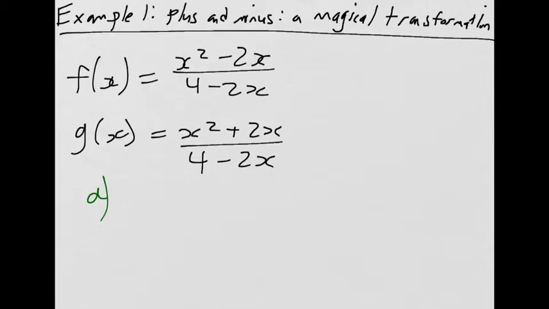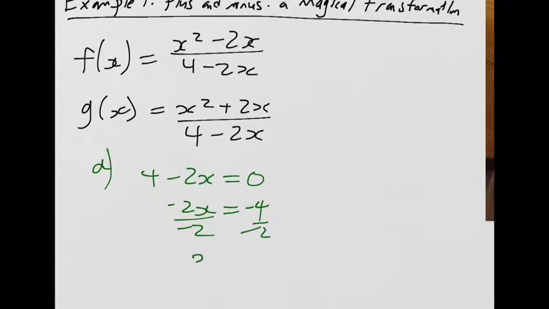It's positive 2. You take the denominator and make it equal to 0, and then solve for x. Divide both sides by negative 2 and it becomes positive. So there's our vertical asymptote.